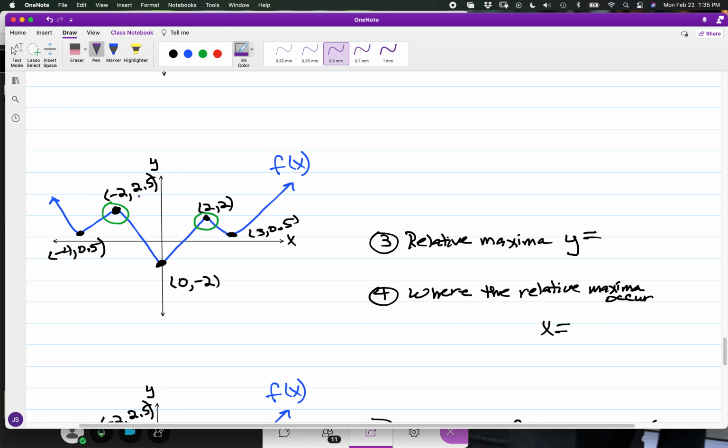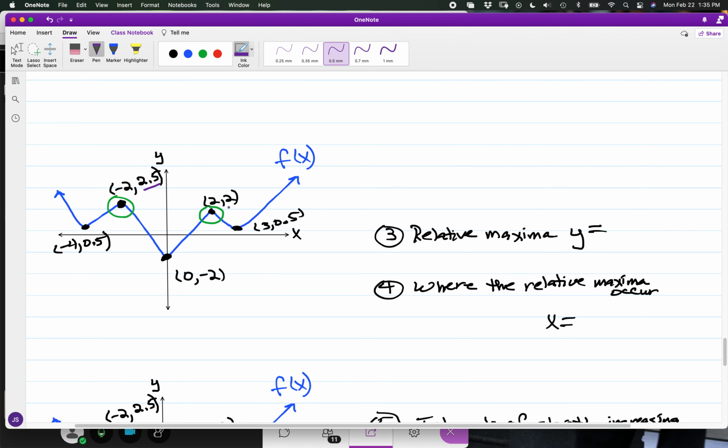For the y values, you have 2.5 and 2, or 2 and 2.5. Order does not matter. In the case of x, we have negative and positive 2. And that's where the relative maximum will occur.